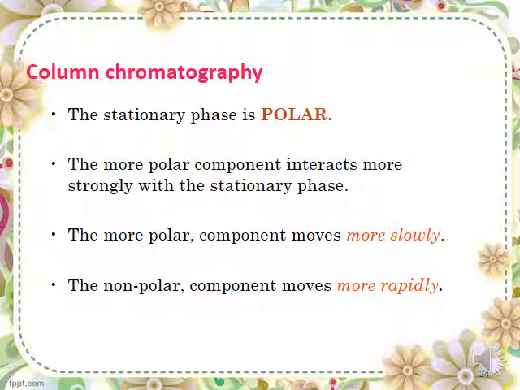Therefore, the polar component will move slowly compared to the non-polar. If we use a polar mobile phase, which has more interaction with the polar component, then it will move faster with the mobile phase.